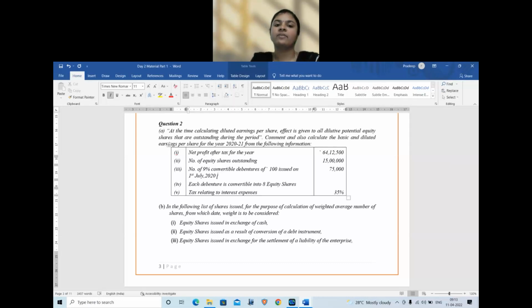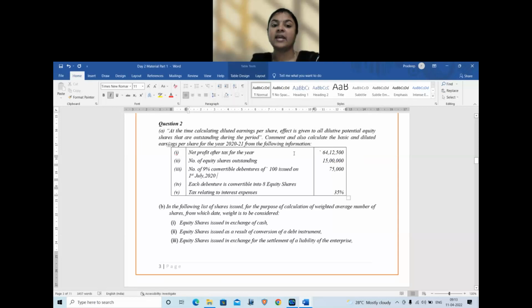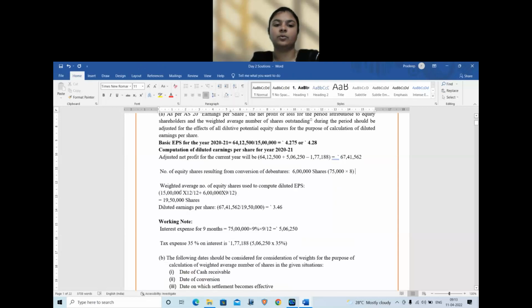Correct. So we are going to do the weighted average shares for the denominator: 15 lakh original shares into, okay, let's do it in the normal manner. This formula is also right, but I will do it in a manner that we can easily remember. 15 lakh shares into how many months? 3 months. 3 by 12, plus for the remaining 9 months, we have 15 lakh already existing shares plus potential equity shares amounting to 6 lakhs.